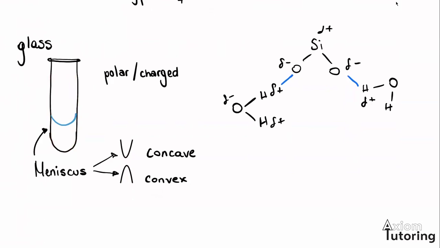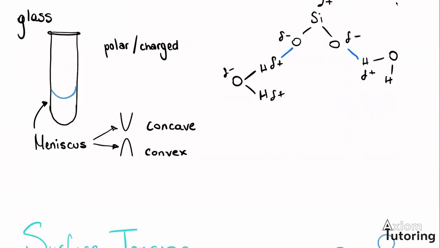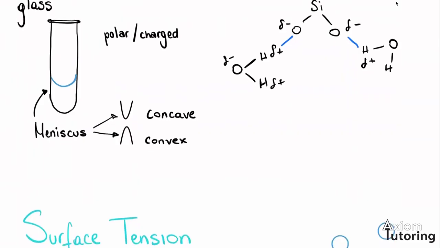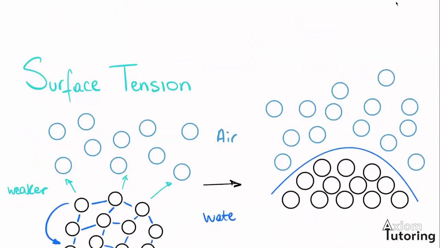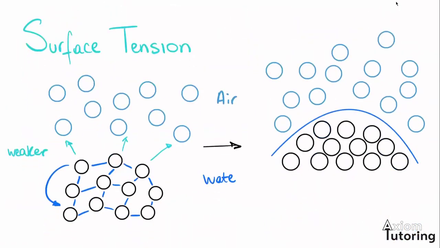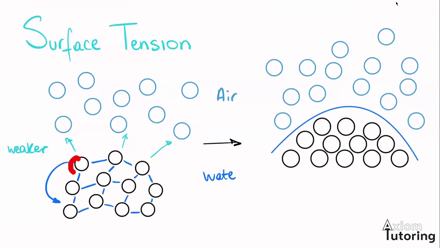And they're able to form this, and this has to do with something called surface tension. Surface tension occurs when water molecules are in contact with other molecules like air, to which they don't have great affinity.